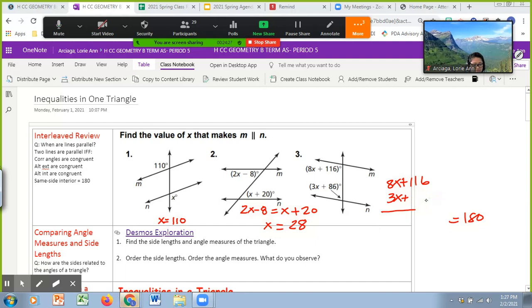This sound might confuse you. So I'm going to put the 86 right here. Alright, so add them up and make it equal to 180. That will become 11x plus 202, if I added correctly. So from there, you can get the x.